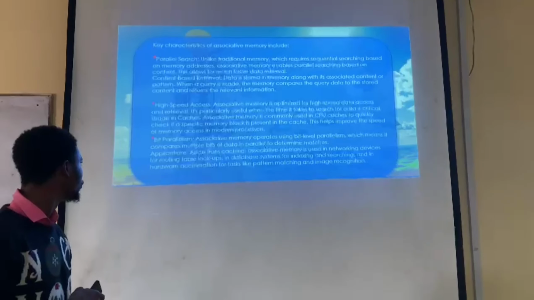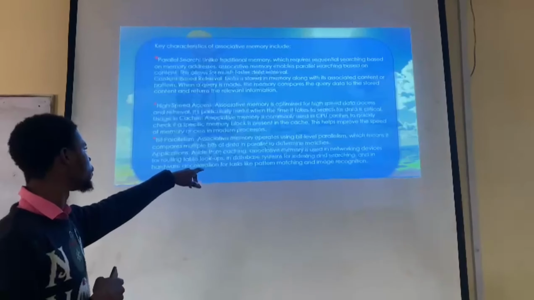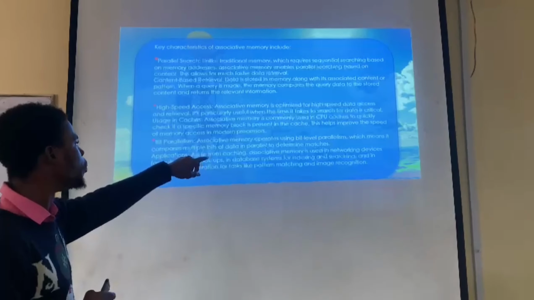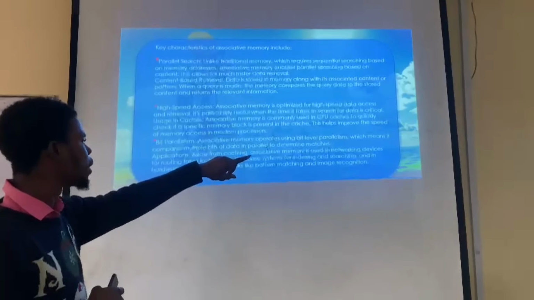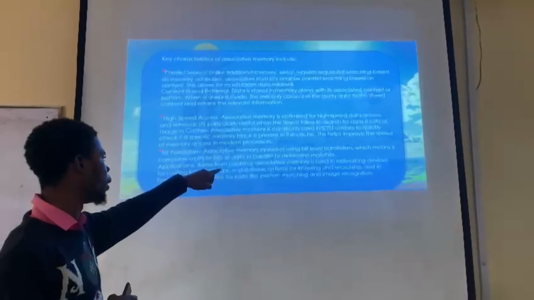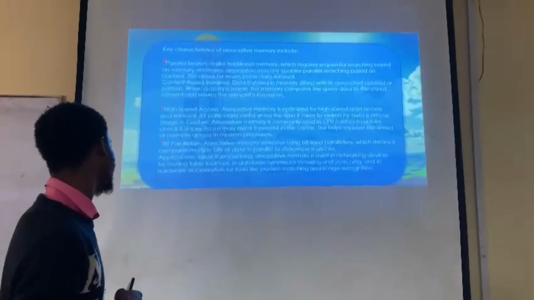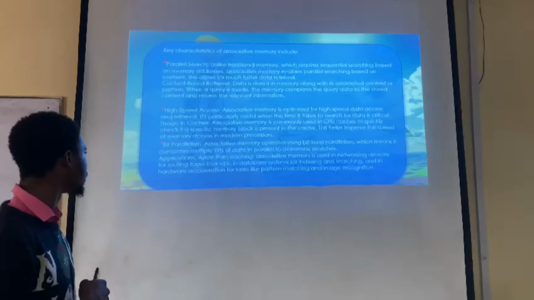Next example, bit priority. Associative memory operates using bit level priority, which means it compares multiple bits of data in parallel to determine matches. So let's go to the next example, applications.